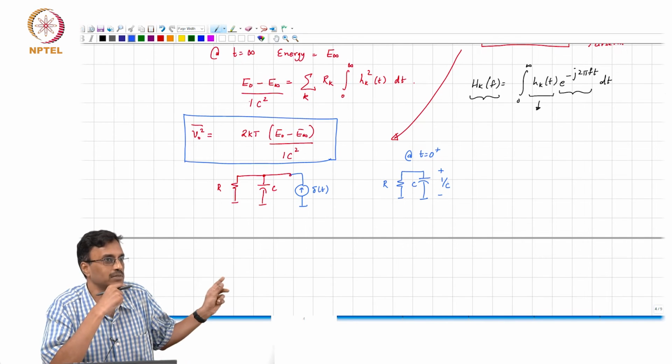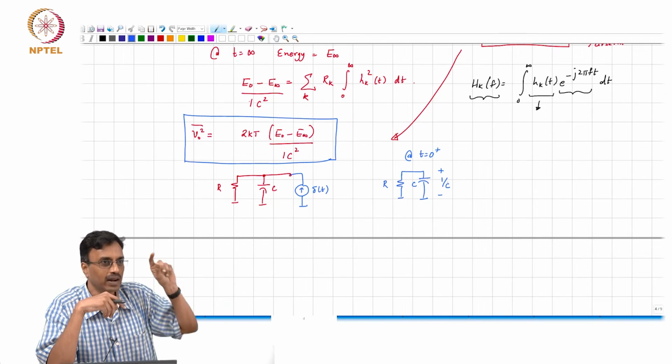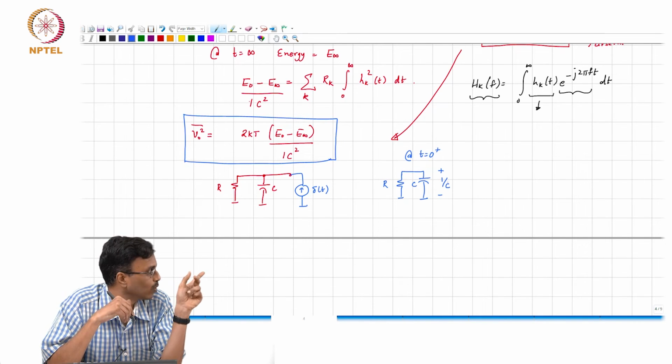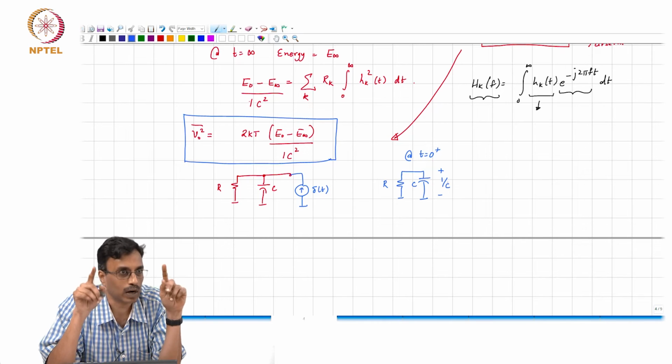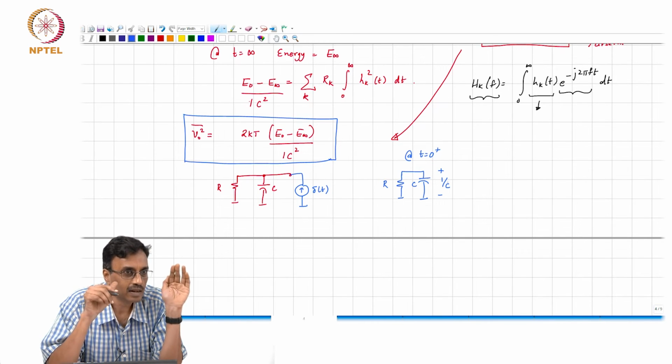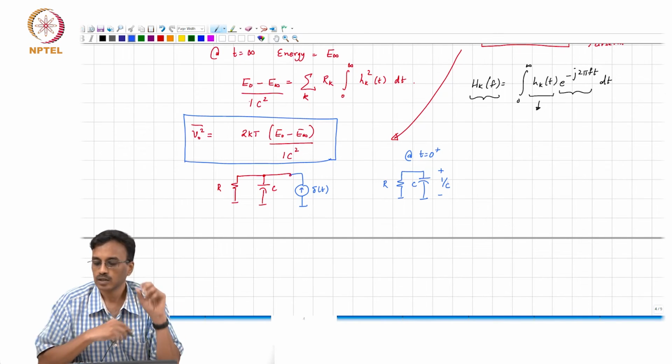Are we sure we are dimensionally consistent? That 1 corresponds to 1 coulomb, which is contained in that unit impulse. So when we say 1 by C here, that 1 is 1 coulomb by farad. So it is indeed voltage, correct.